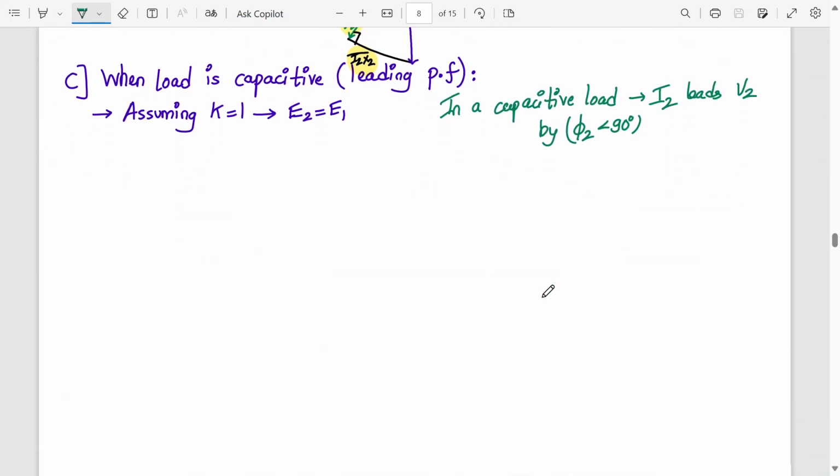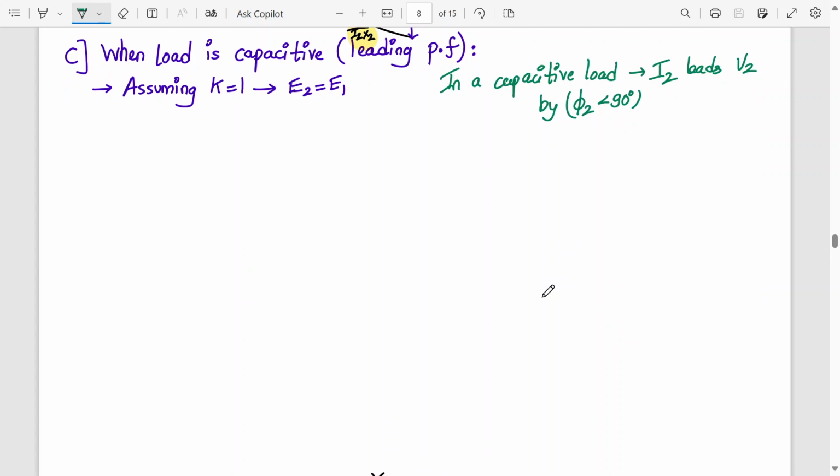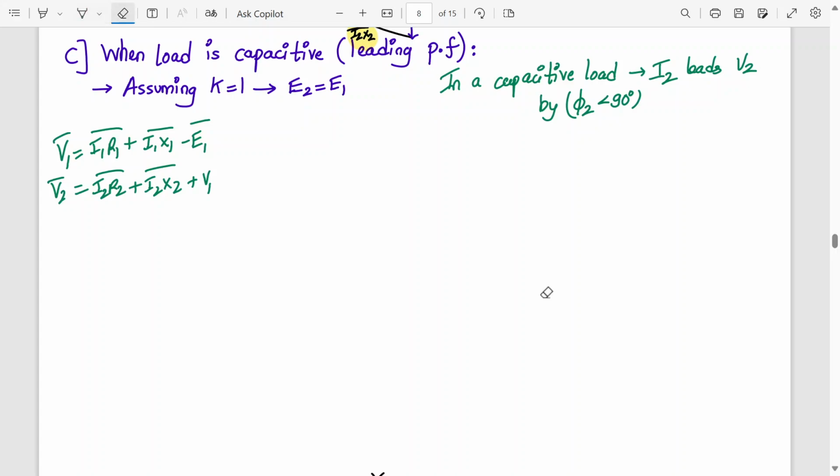Okay. So now we draw again the phasor diagram when the load is capacitive. That is a leading power factor. So again we write the three equations. V1 is I1 R1 bar plus I1 X1 bar minus E1 bar. V2 is I2 R2 bar plus I2 X2 bar plus, I think here this is E2, right?